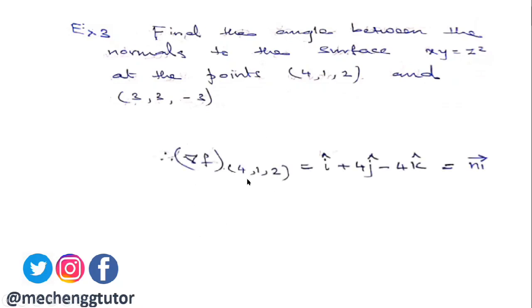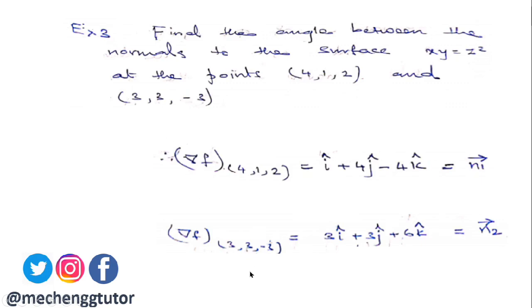Del f at (4, 1, 2) will give you i plus 4j minus 4k, call it as n1 bar, and at the second point (3, 3, -3), it will give 3i plus 3j plus 6k. You can substitute and check and denote them as n1 bar and n2 bar.